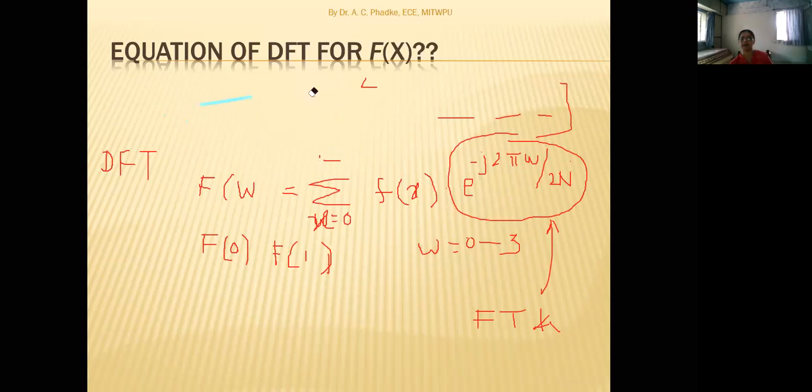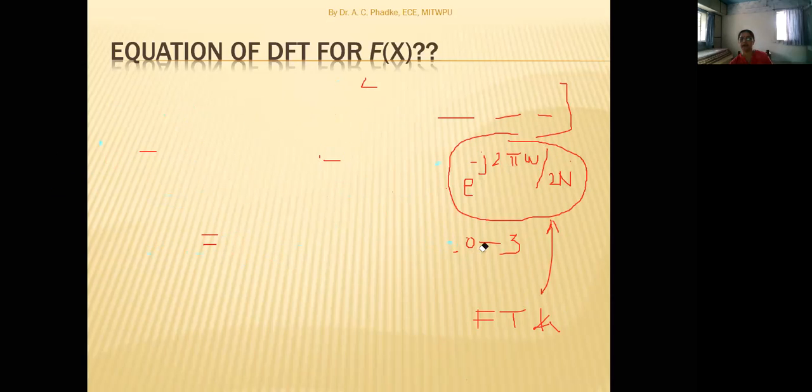Now similarly for two-dimensional transform. For the one-dimensional transform, this forward transformation kernel has two terms, that is, e raised to minus j 2 pi w into x.